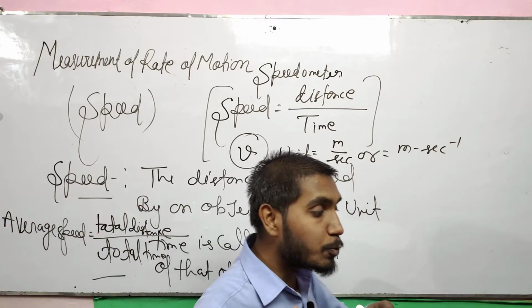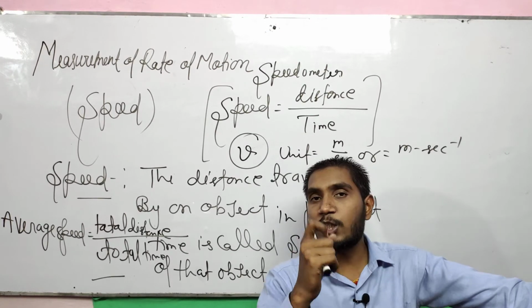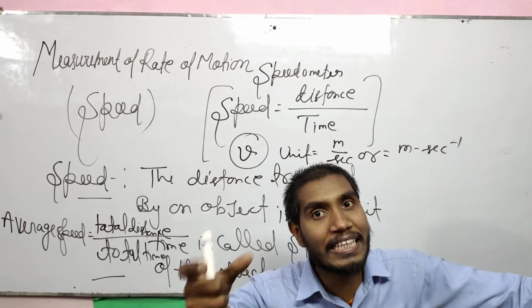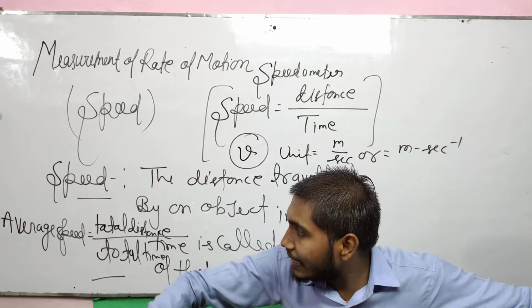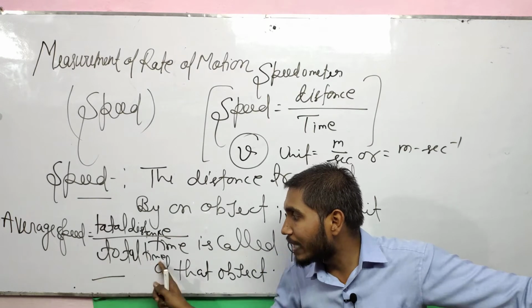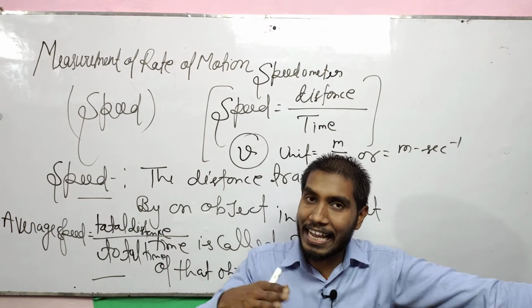The average speed of an object is the total distance covered by the object divided by the total time taken to cover that distance. It is called average speed.